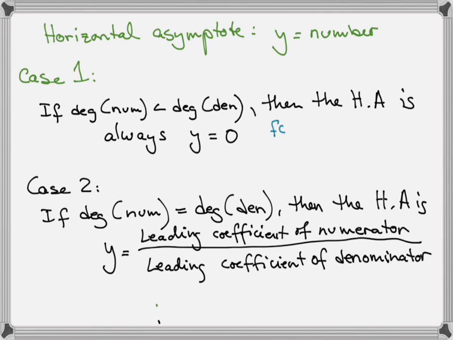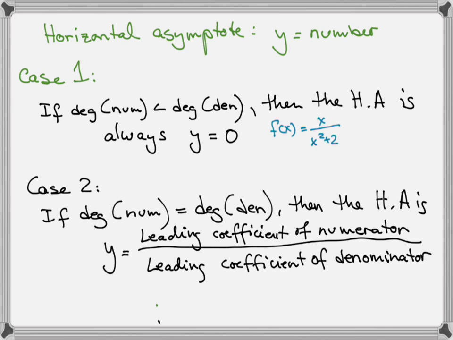So for example, f of x equals x over x squared plus 2. I just made that up. Let me give you a minute to write it all down. When you put no in parentheses, you mean number? No, numerator. The degree in the numerator is smaller than the degree of the denominator.